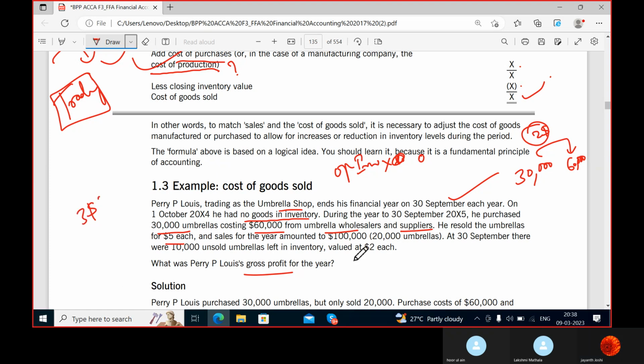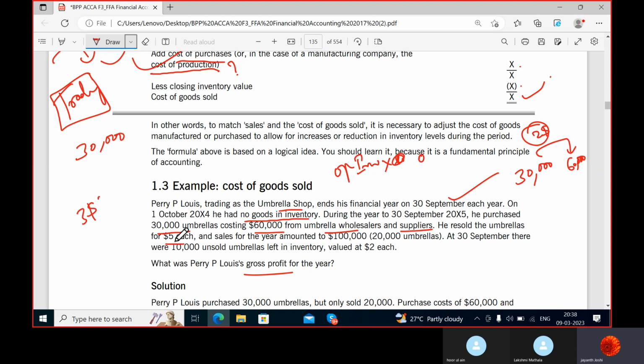Now, we will see how many umbrellas he sold, and whether there is any closing inventory in this question or not. It's a very simple question. There is no opening inventory. Purchase is 30,000 units and he sold umbrellas for $5 each.